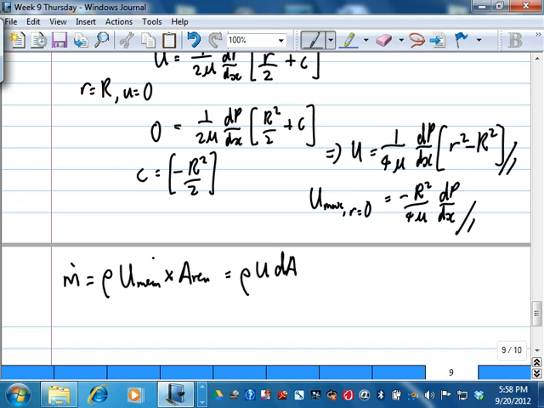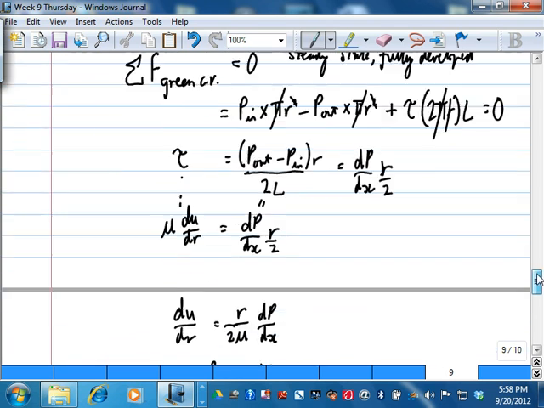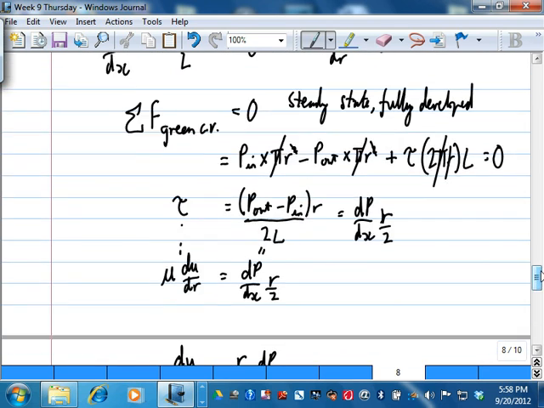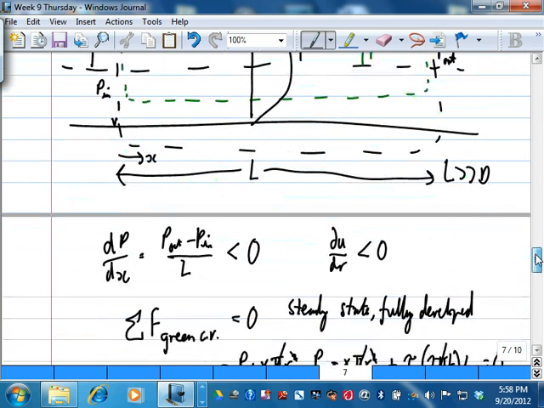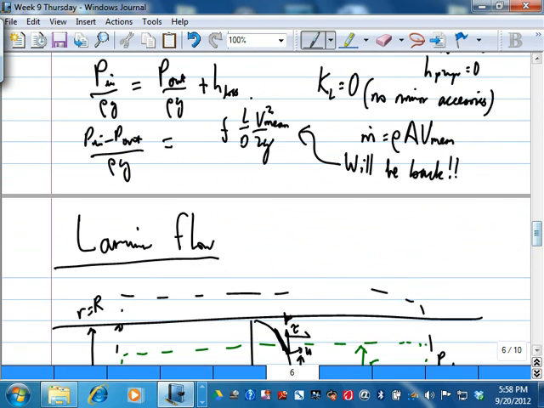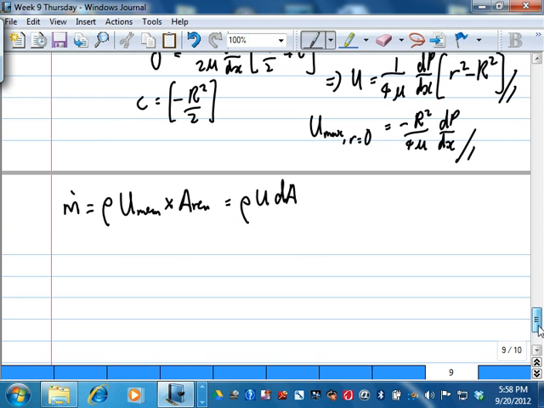Why do we need mean velocity? Because this f, just now way up here, we told you I'll come back. This f is in terms of mean velocity. We want pressure drop in terms of mean velocity. So let's see.